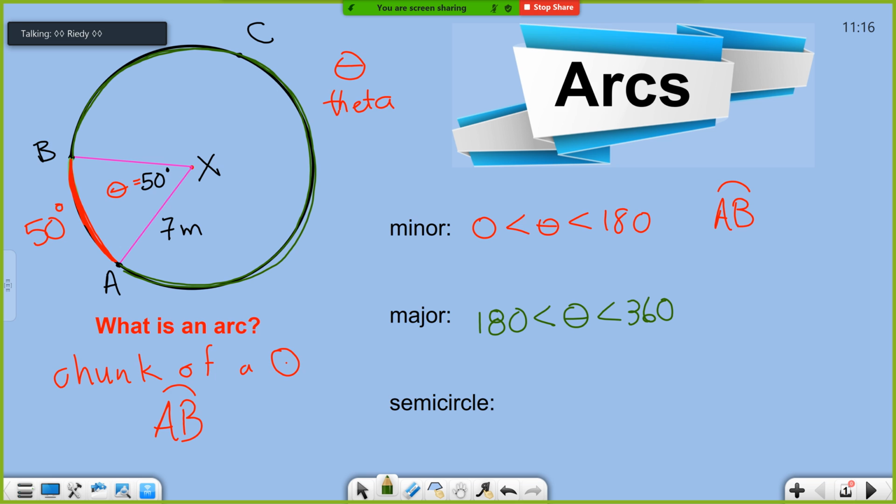So if I give you a problem and I say arc AB, the question would be, well, which arc AB? The red one, which is a short guy, or the green one, which is the big guy. And the way we distinguish that is major arcs are named with 3 letters. Still have an arc symbol over it, but now you use 3 letters. 2 letters means go from A to B as quickly as possible. 3 letters means go from A to B, but pass through C on the way.